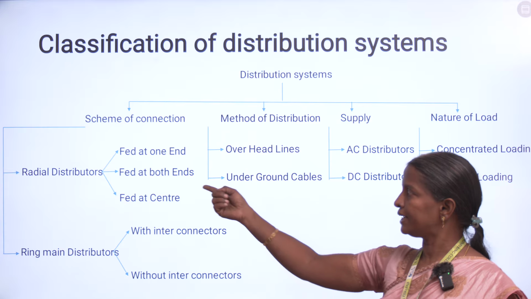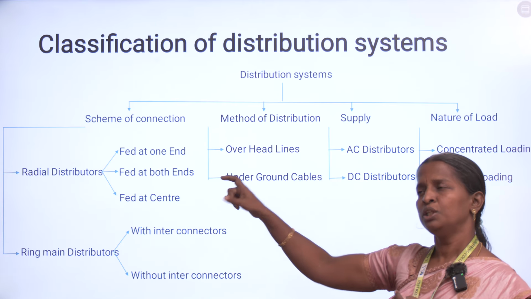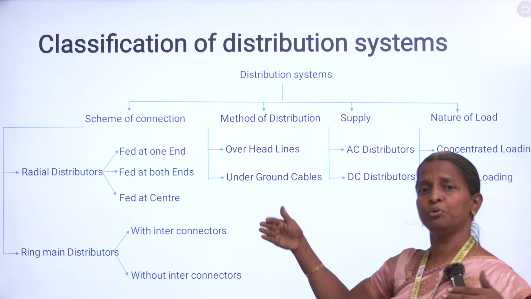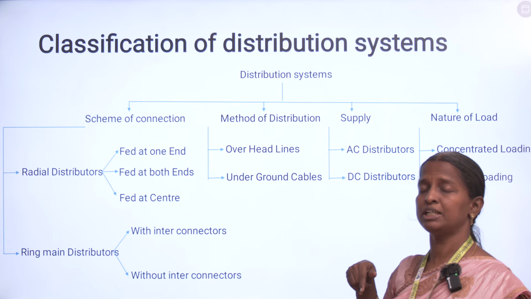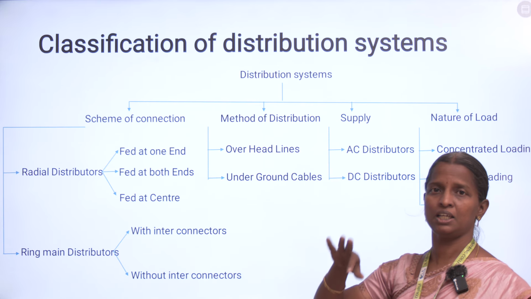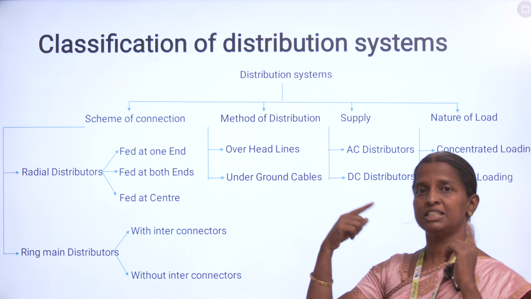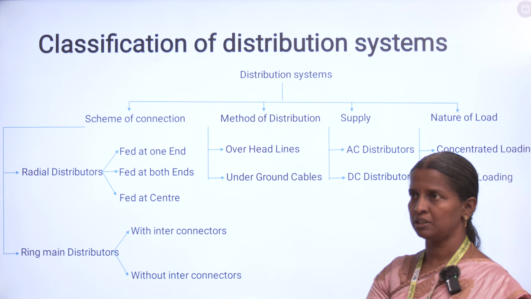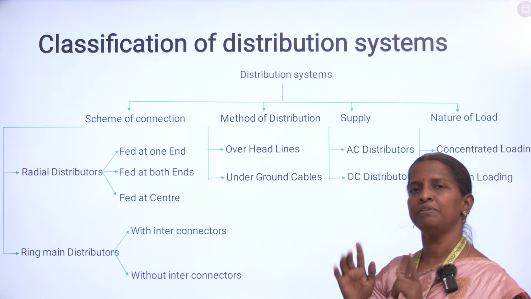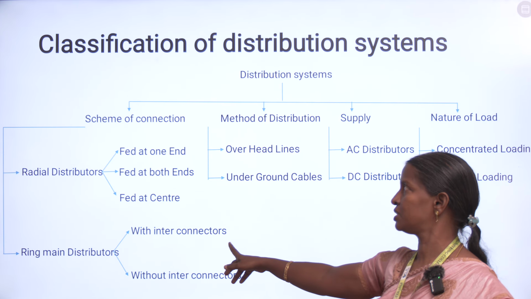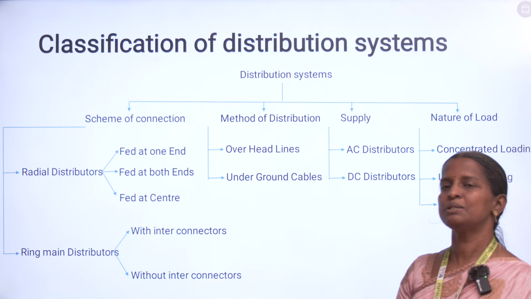If you are taking a radial distributor, the voltage may be fed at one end, or the voltage may be fed at both ends, or the voltage may be fed at the center. There are three categories. And the next one is the ring main distributor. Ring main distributor means it has to form a closed path, with interconnection and without interconnection. There are two types.